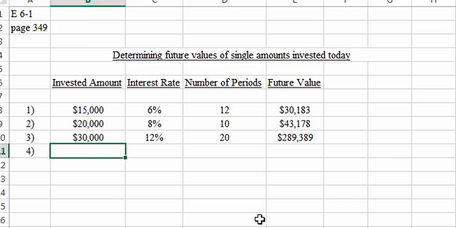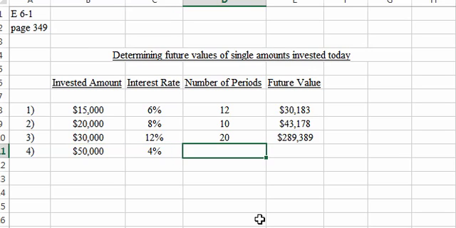All right, so number 4, the amount to be invested is $50,000 at a rate of only 4% for 12 years. So we go again to our table, come across to 4%, down to 12 years, we get 1.60103.